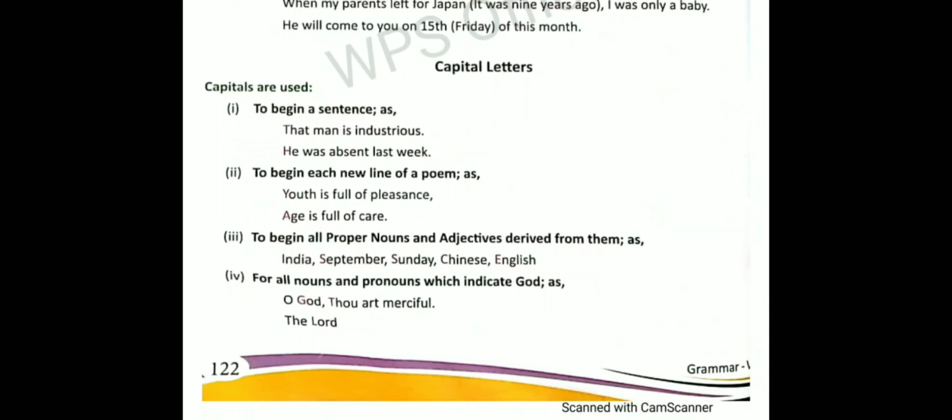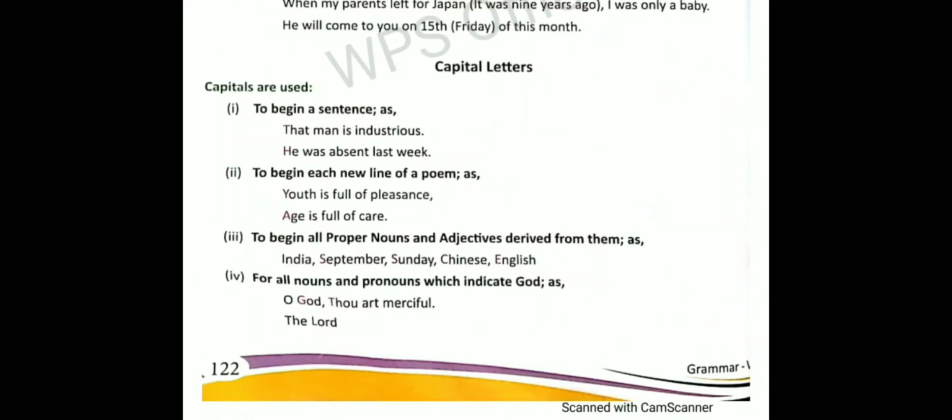If you write a poem, many times even in the exams you make mistakes, children, but this is the correct way of writing a poem: whenever you change the line of the poem, you should always begin with what? Capital letter, not small letter.